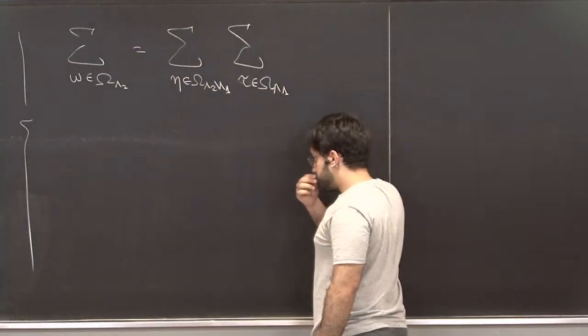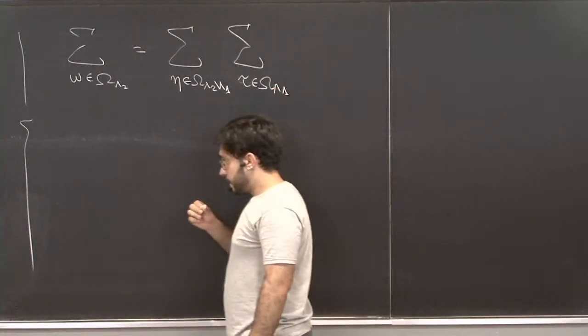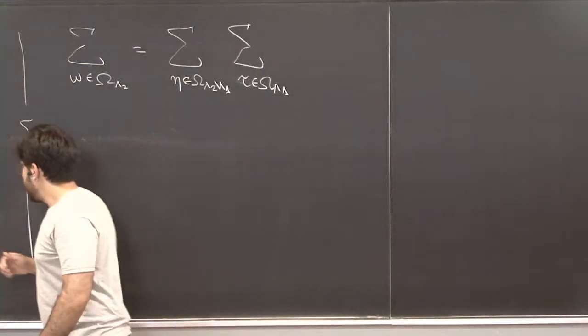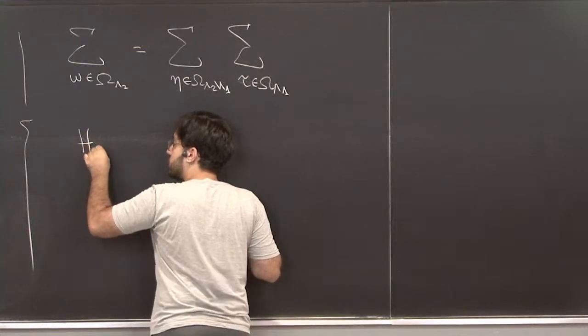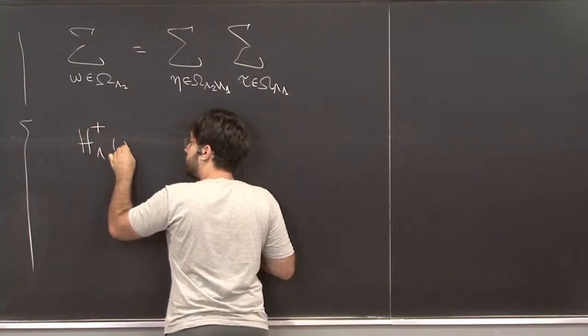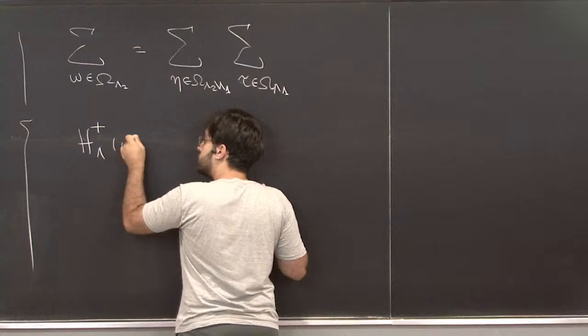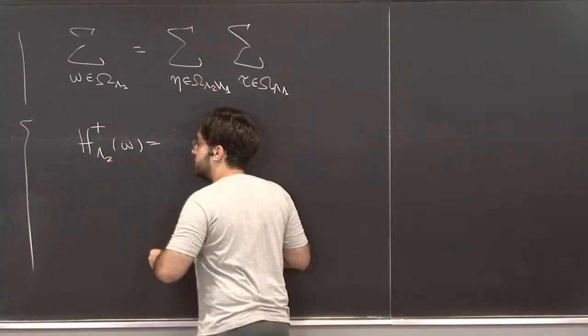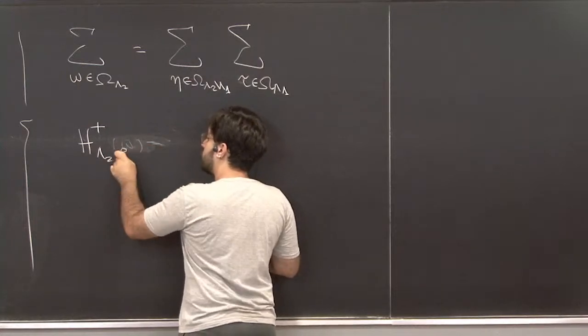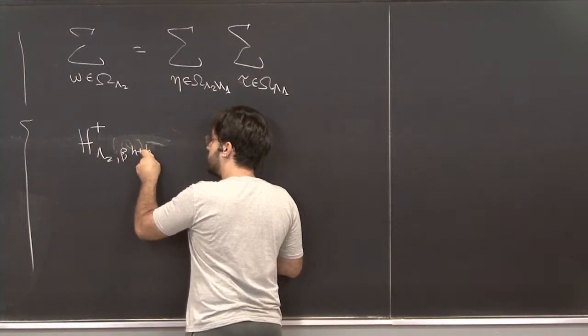In this way, using this notation, we wrote the Hamiltonian function with plus boundary condition on the larger box, depending on beta and h plus h prime.